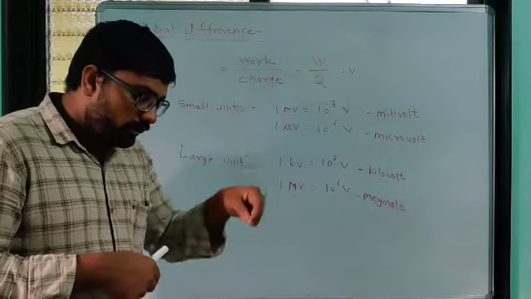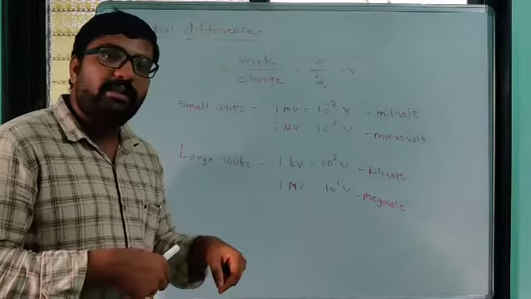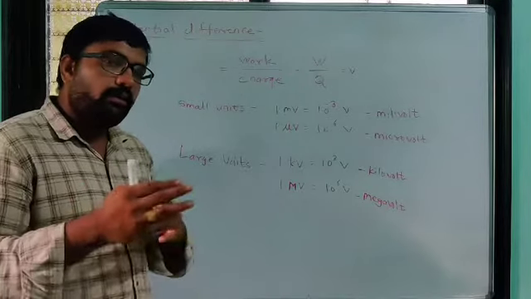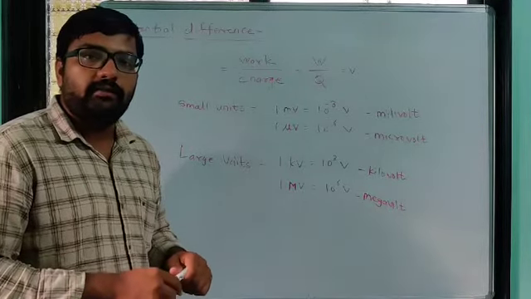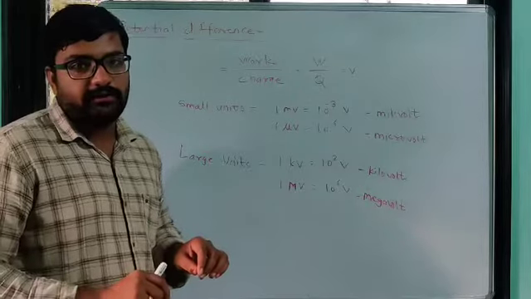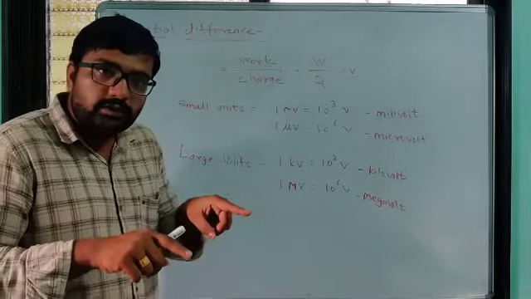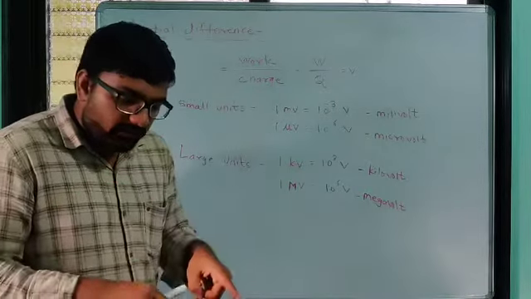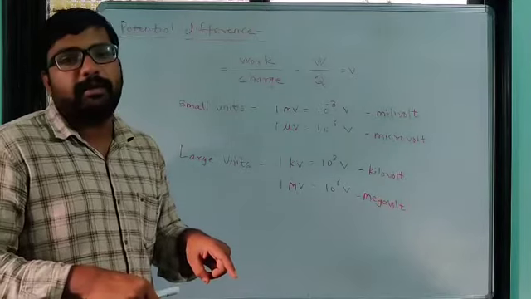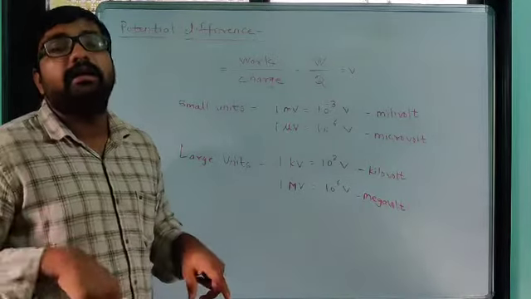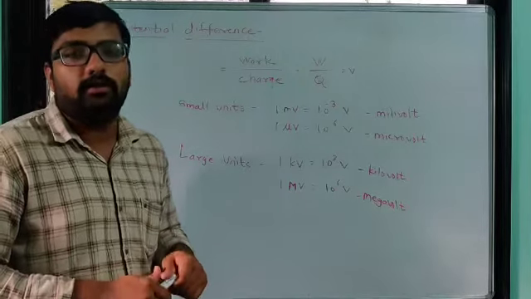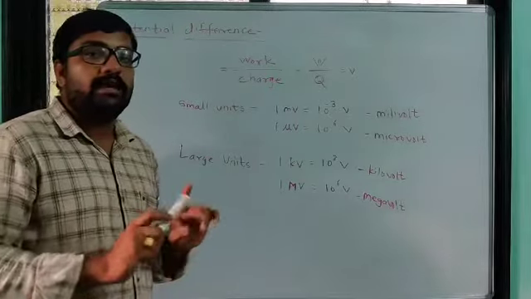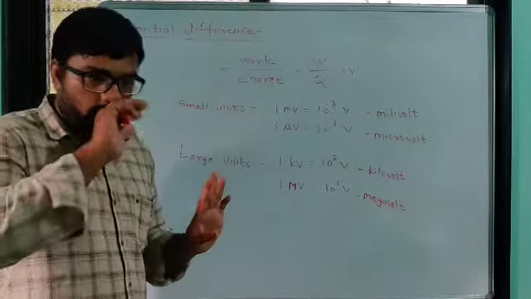We connect one end of the wire to the positive terminal of the battery and the other end of the wire to the negative terminal of the battery. A battery has a potential difference between its two terminals, positive electric potential and negative electric potential. So if you connect a wire between the positive and negative terminals of a battery, what happens? We will see that electric current flows through that wire. So unless there is an electric potential difference, motion of charges is not possible.